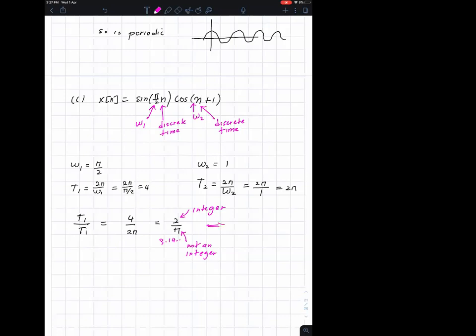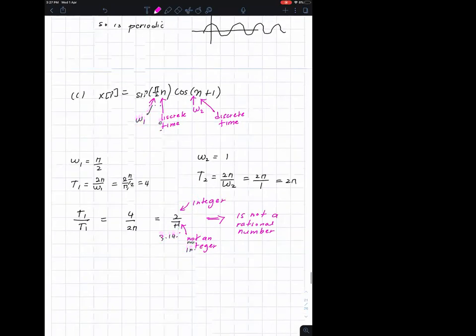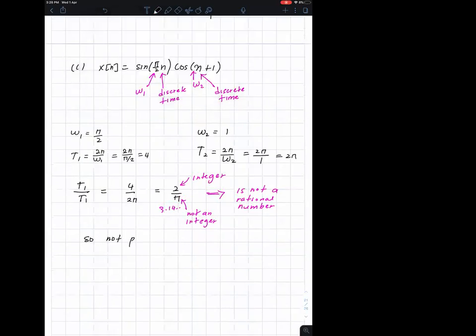Therefore it is not a rational number, so it is not periodic.